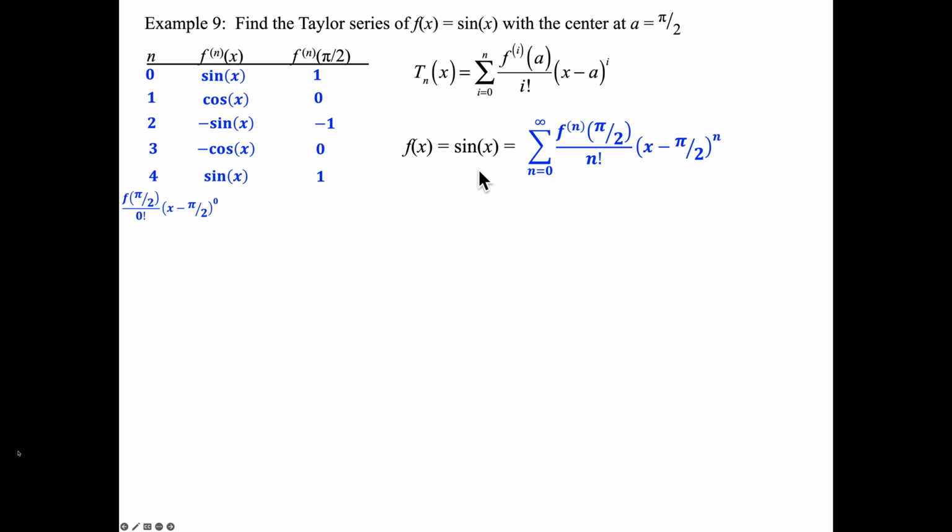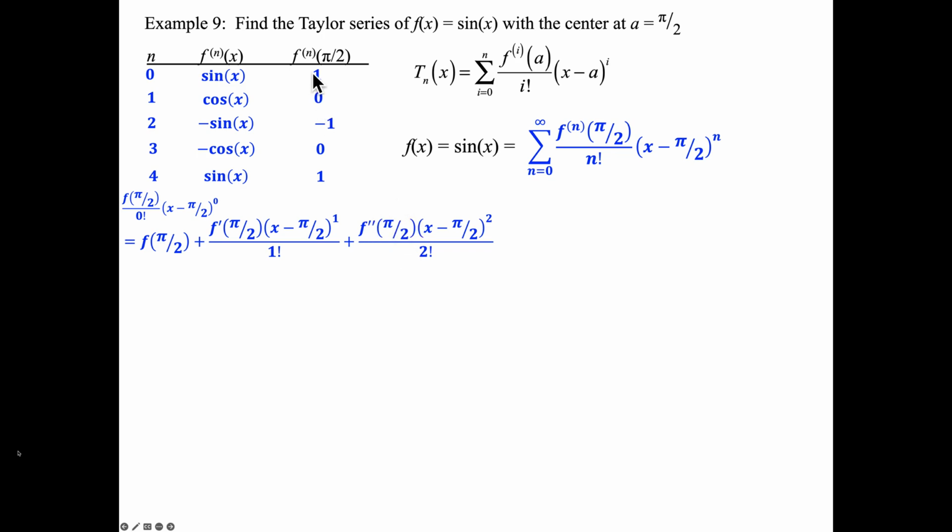So if we start building our terms, f of pi over 2 over 0 factorial, x minus pi over 2 to the 0 is 1. That's going to be f of just pi over 2. All those become 1, so that's just going to be a 1 right here for f of pi over 2. Then our first derivative of pi over 2, x minus pi over 2 to the first power, over 1 factorial.